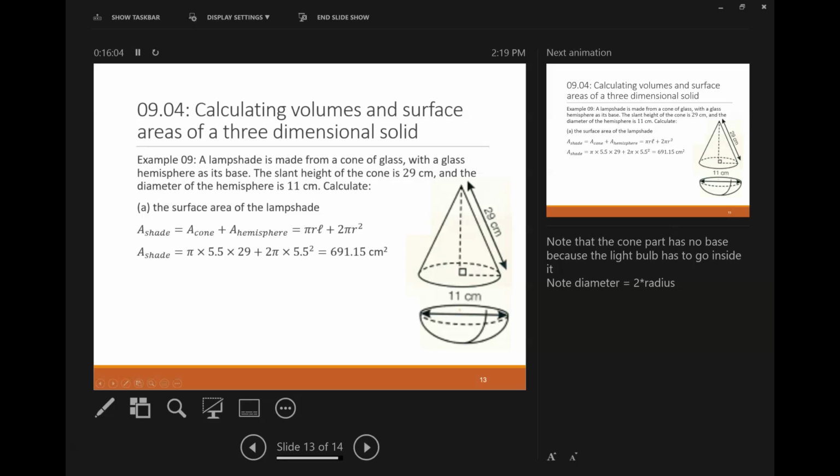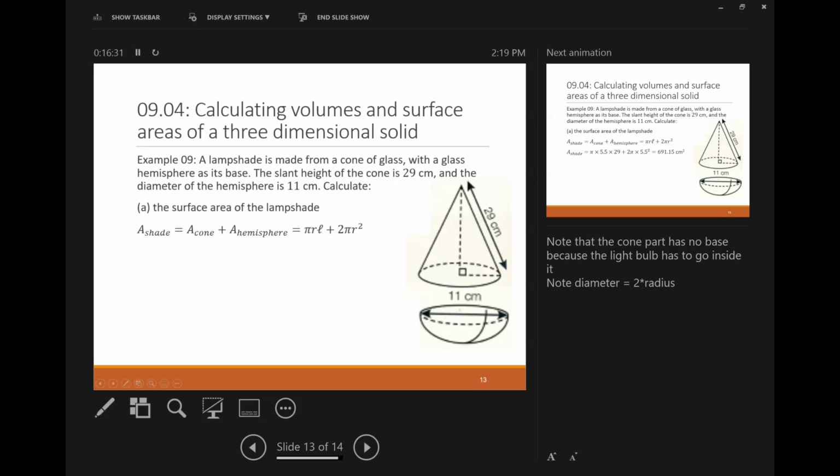So I'm going to take the area of the cone without the base, which is just pi r L, and just the area of the hemisphere without its base, which is 2 pi r squared. And we have everything we need there, right? The radius is 5.5, half of the diameter, and the lateral length, or the slant length, or what, I forget what the term is.